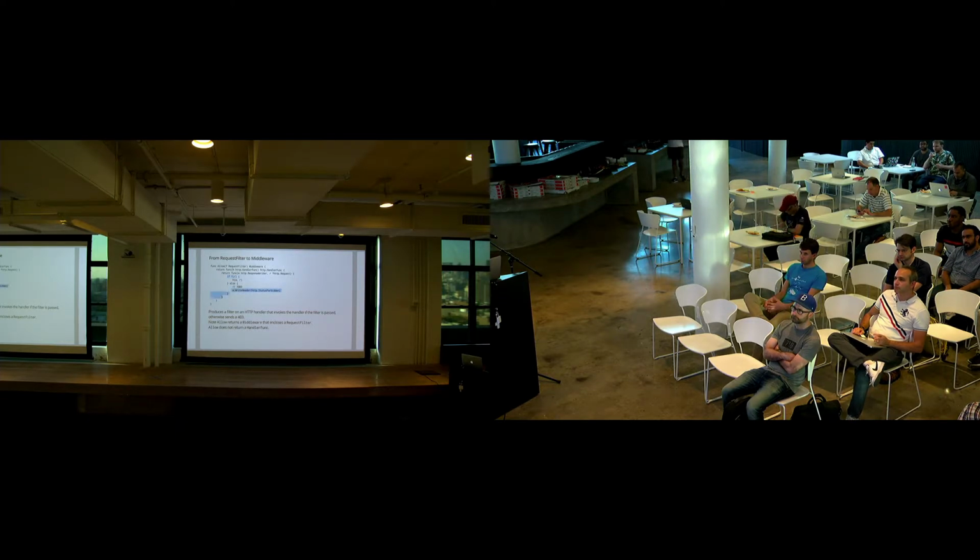Otherwise, it's going to return an HTTP 403. So note that allow, this outermost function, returns a middleware, which is a function that operates on another function. It doesn't return the handler func itself.